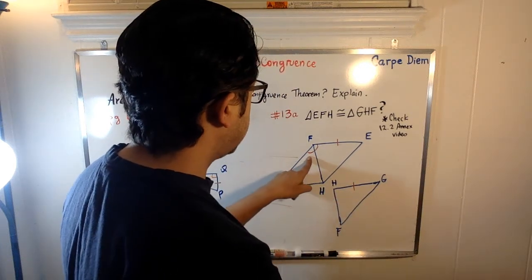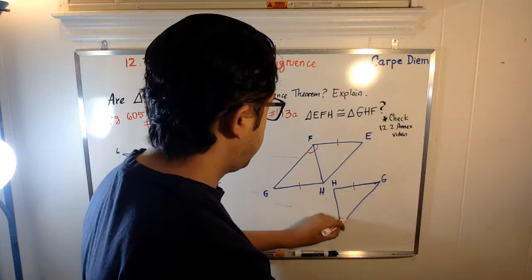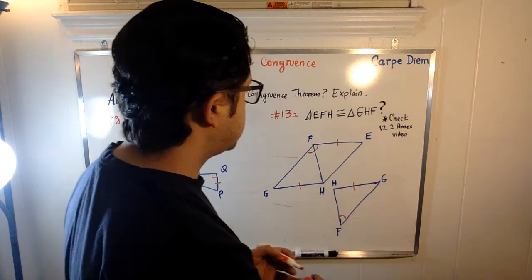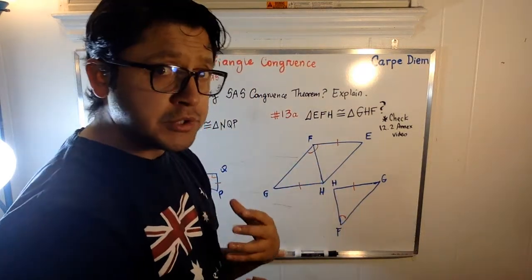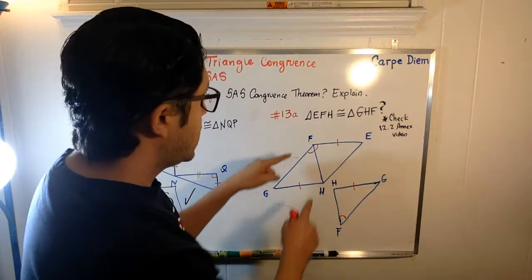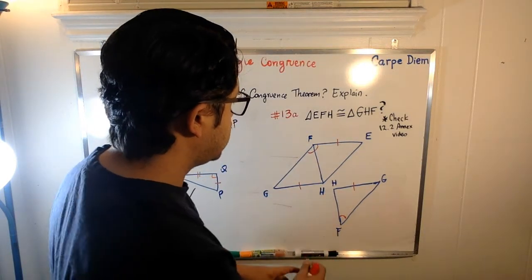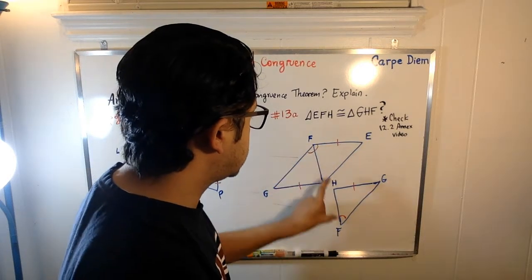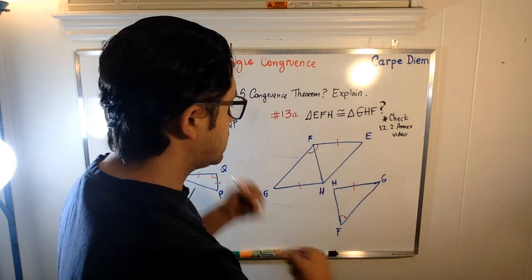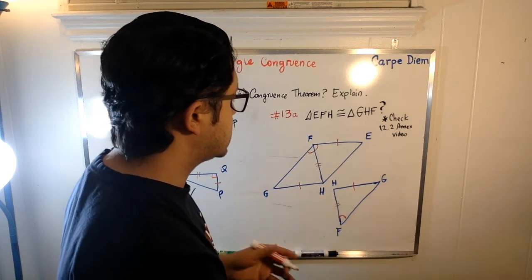And this angle that happens to be congruent to this other angle F is right here. So now, as you can see, they have the same orientation, which helps you see this better. FH is right here and FH is right here. So can you see that this segment is the same as this segment? So in this case, when I separate it, I could say that this is the same as this.